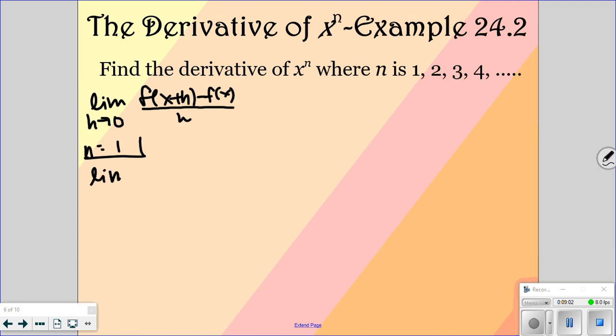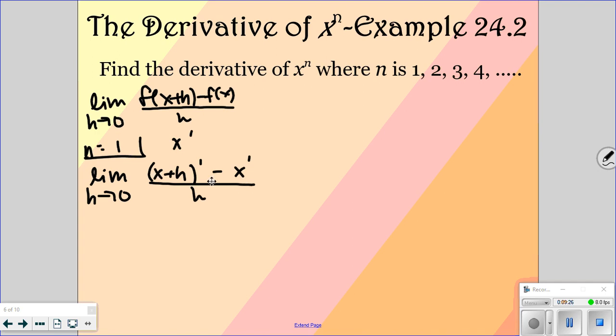So the limit as h approaches 0, if we have x to the 1 for our function, then we're just going to have x plus h all to the first power, which is just x plus h, and then minus x to the first power, all over h.